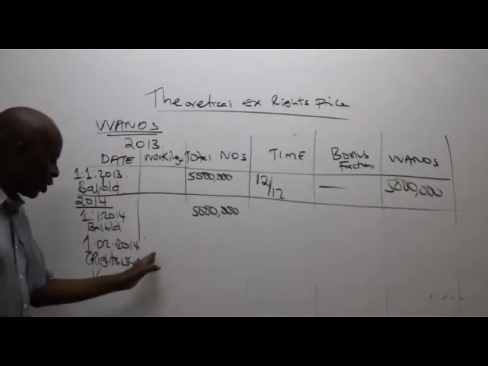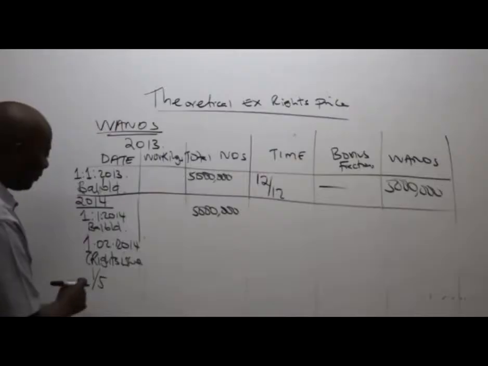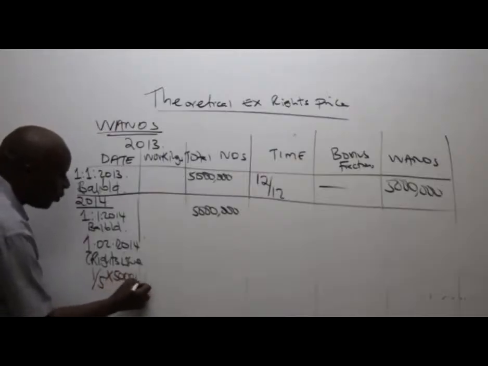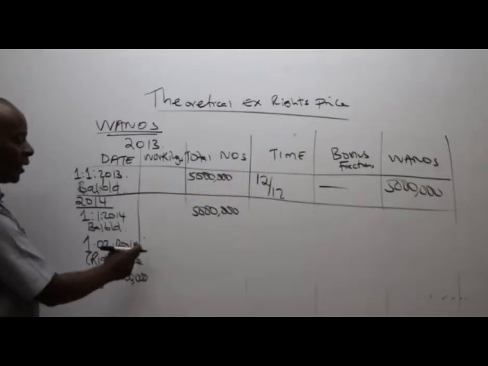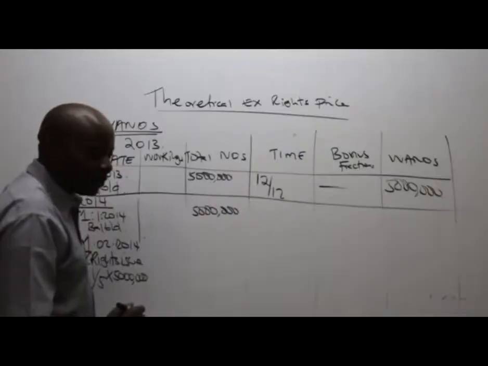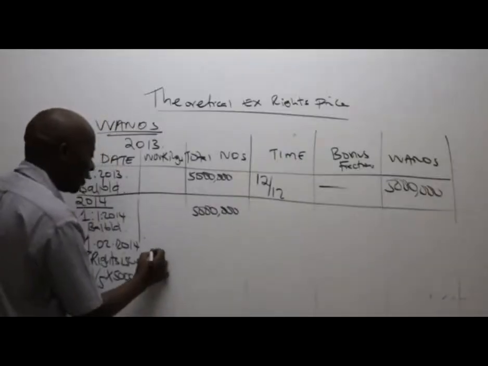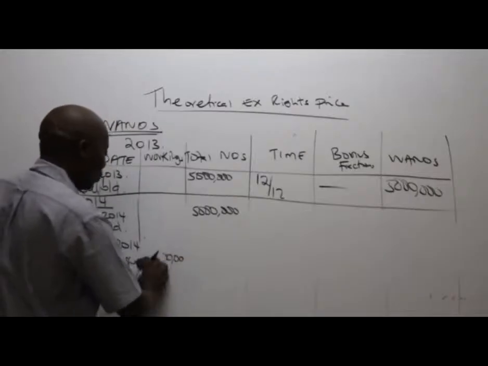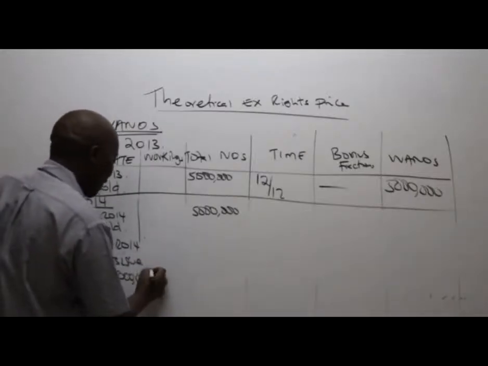If you wish, you can use this column for workings, but if I'm the one doing this, I'll come and talk of 1/5 of 5 million, which gives me how many shares here, somebody? 6 million shares? Are they 6? No. 1 million.